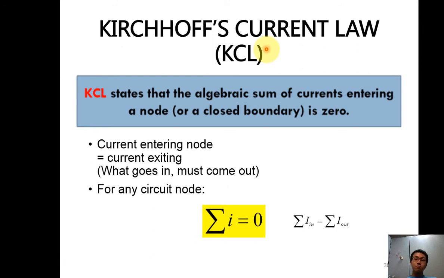What about Kirchhoff's current law? Kirchhoff's current law states that the algebraic sum of the currents entering a node or a closed boundary is 0, which means the current entering a node will become the current exiting. What goes in must come out. For any circuitry, the summation of I will become 0, or total in becomes total out.